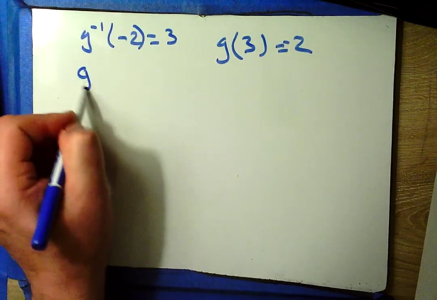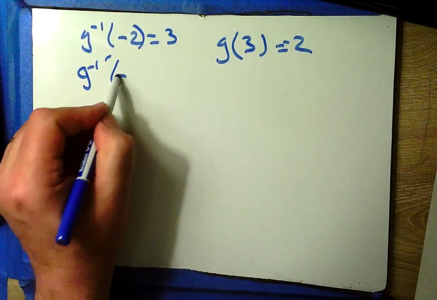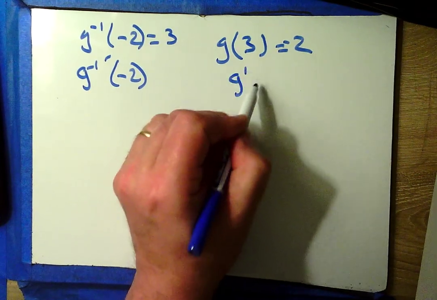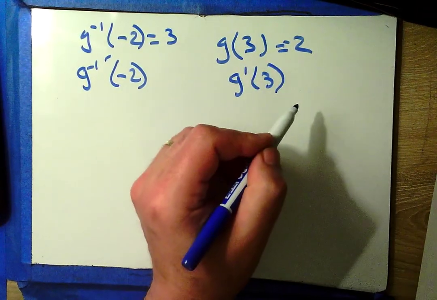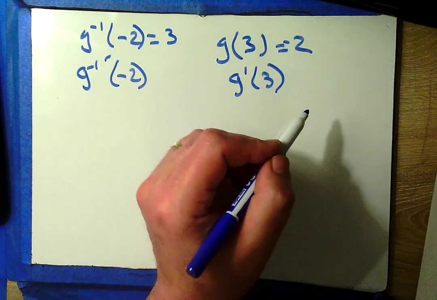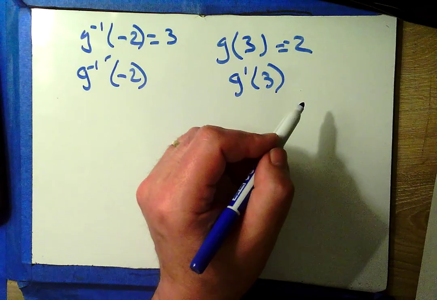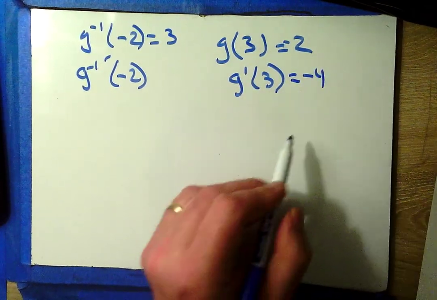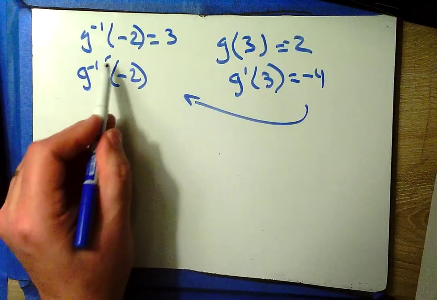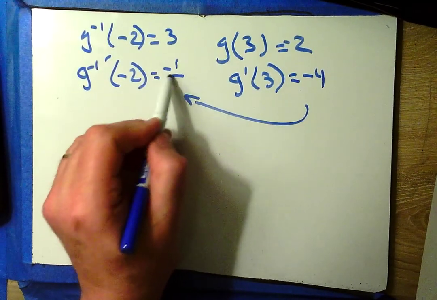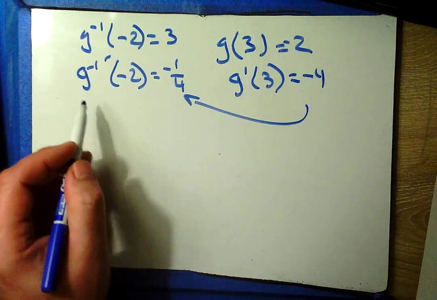And we want to know G inverse prime at negative 2, which means we need to find G prime of 3. G prime of 3 we get from the table. G prime of 3 is negative 4. So therefore, the slope on the inverse function at the inverse point is negative 1/4.